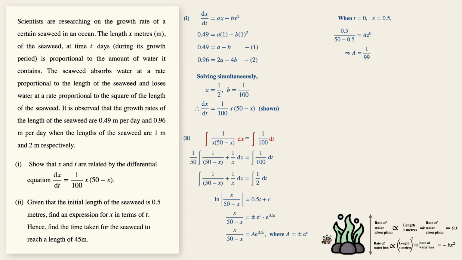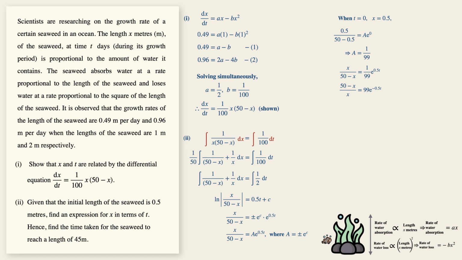Remember, we want to find an expression of x. So substitute 1 over 99 into this expression here, and we have x over 50 minus x equals 1 over 99 e power 0.5t. Now simply do some manipulation, such as reciprocating both sides of the equation to get this statement over here.